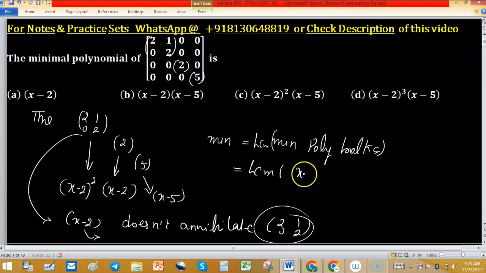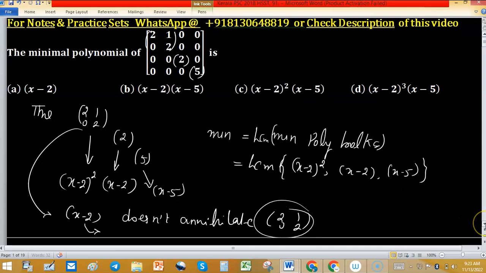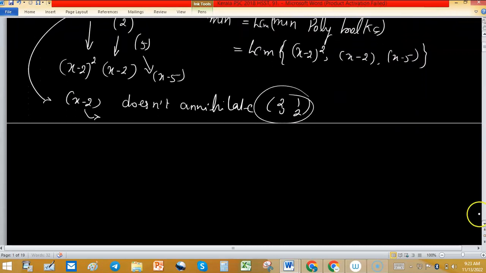So we need to find the LCM of x minus 2 whole square, comma, x minus 2, comma, x minus 5. To take the LCM, write the factors of each term: x minus 2 into x minus 2, next x minus 2, and x minus 5.